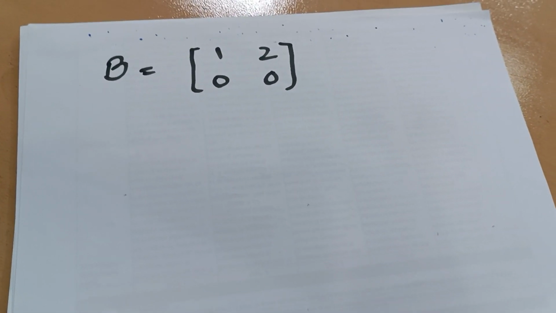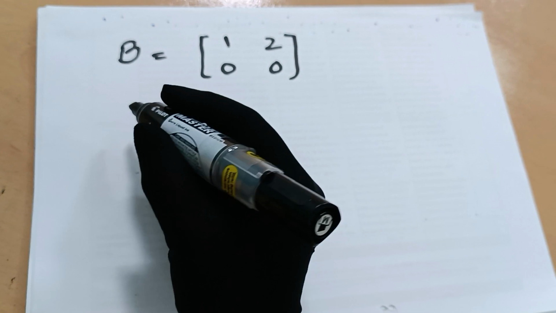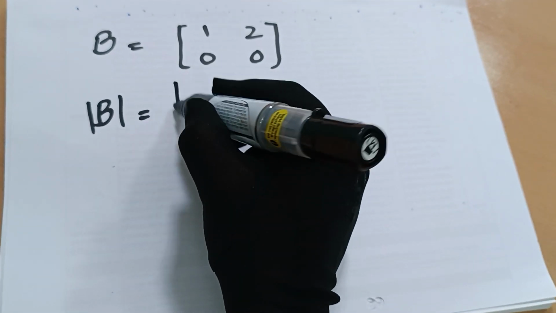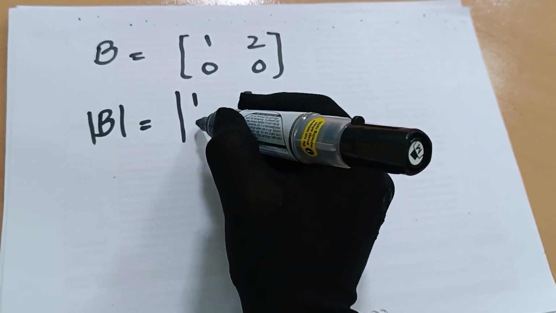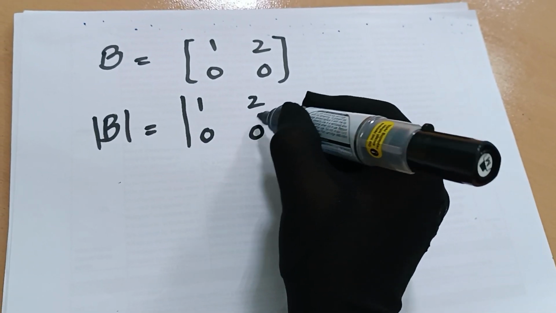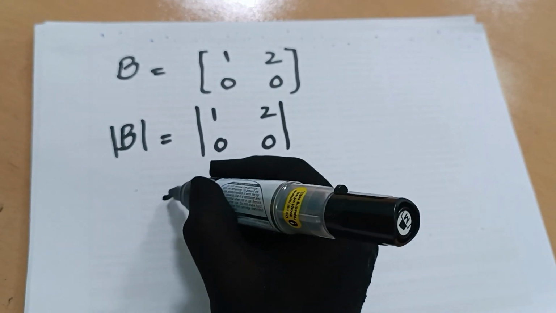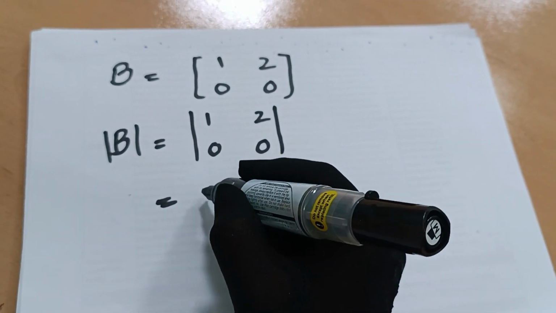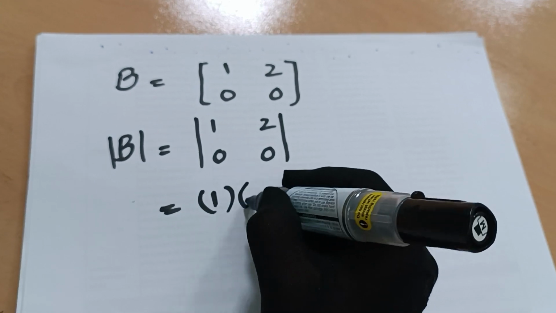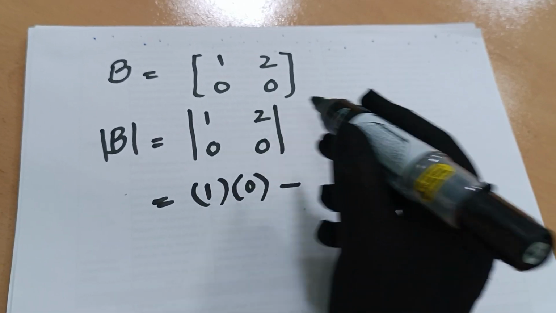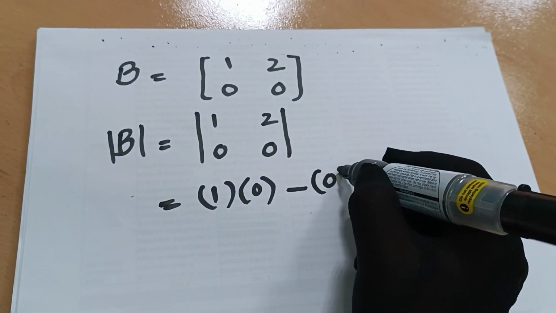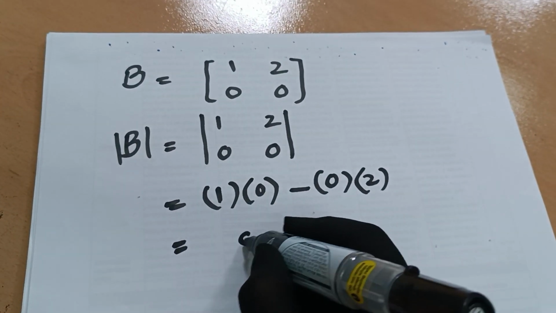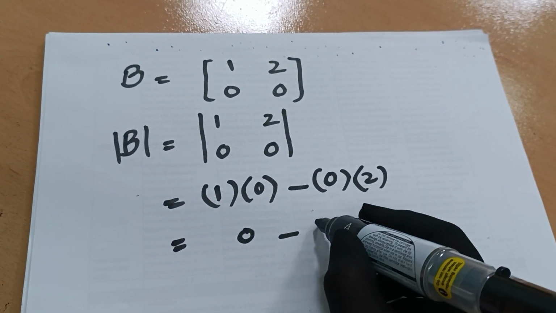I will take another matrix B. If I take the determinant of B, put the determinant brackets on both sides. Then we find the product of the principal diagonal elements, 1 times 0, minus the other diagonal elements, 0 times 2. 1 times 0 is 0, 0 times 2 is 0.